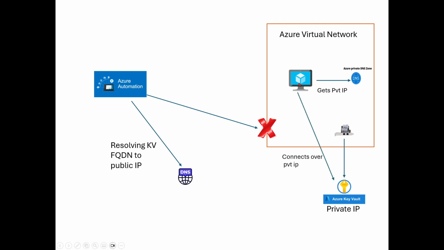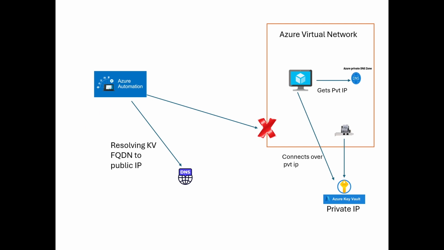Because that VM is in that VNet, it can connect to the private IP of Key Vault because Key Vault is also linked to that VNet now. But it's only the virtual machine which was able to connect to that private IP, not the Azure automation account.